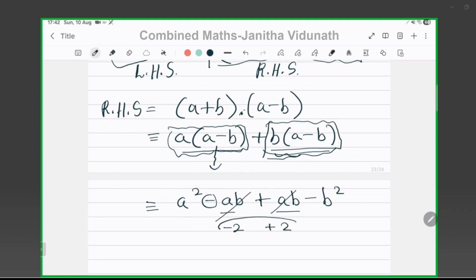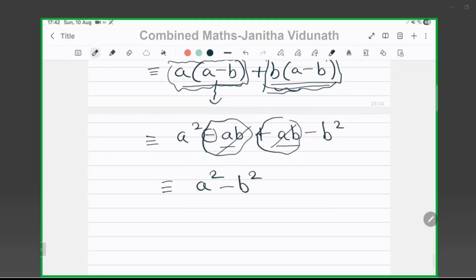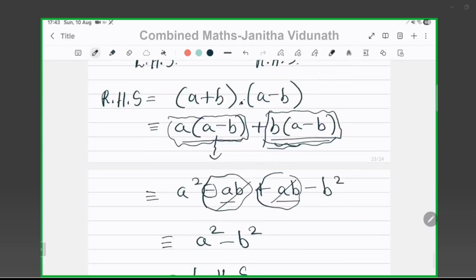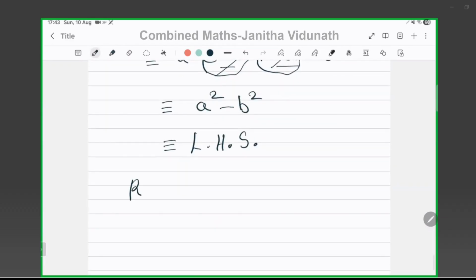Like 2 minus 2 equals 0. Likewise, if two terms are the same and their signs are different, we can simply cancel those two terms. Then the remaining terms are a squared minus b squared, which is our left hand side. Then we prove that our right hand side is equal to the left hand side.